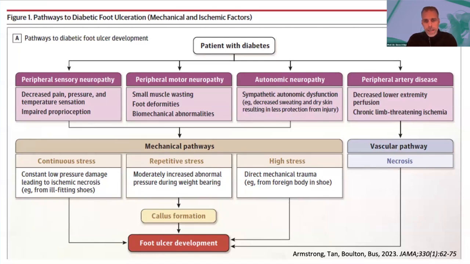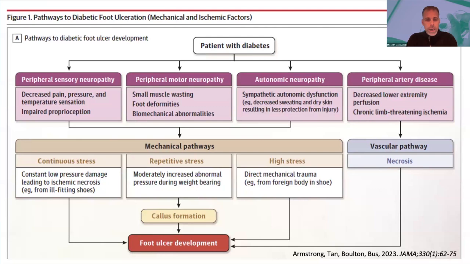It starts with diabetes and the complication of neuropathy, where each of the neuropathic systems is affected. The sensory neuropathy leads to loss of protective sensation, motor neuropathy leads to atrophy, deformities and biomechanical abnormalities, and autonomic neuropathy leads to dysfunction and dry skin.